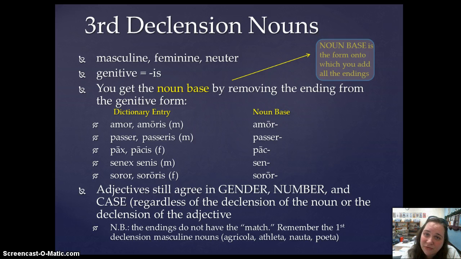The masculine follows the second declension masculine, the feminine follows the first declension, and the neuter follows the second declension neuter. But all of those adjectives that you have already learned can of course describe third declension nouns, which means that their endings are not going to match, but the endings should still agree in gender, number, and case, okay? And I'm going to give you guys some examples of that as we go on in the video, okay?